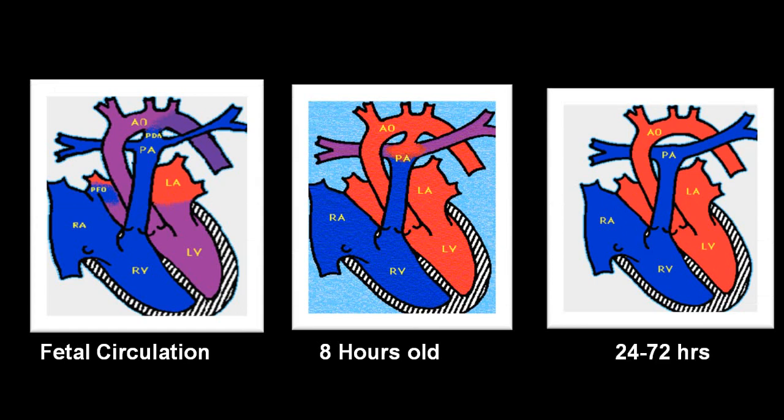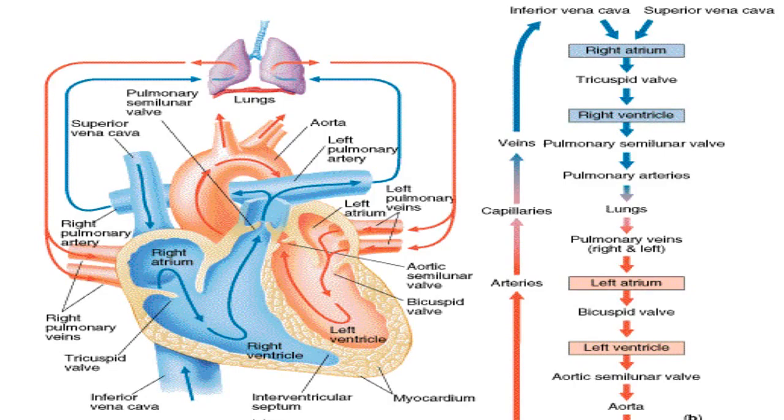The duct will close, the foramen ovale will close, and this is normal circulation. We have already shown you a slide before: from right atrium, RV, pulmonary circulation, left atrium, LV into aorta, artery, capillary, vein, again by inferior and superior vena cava back into the right atrium.